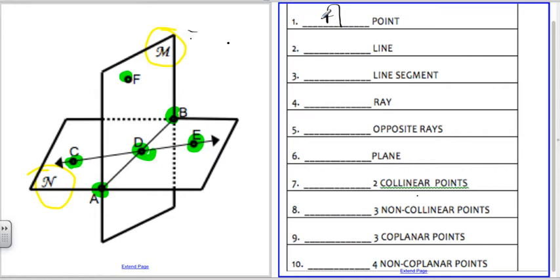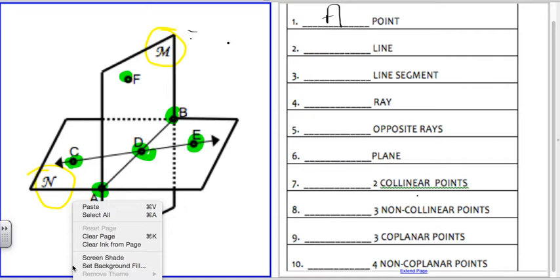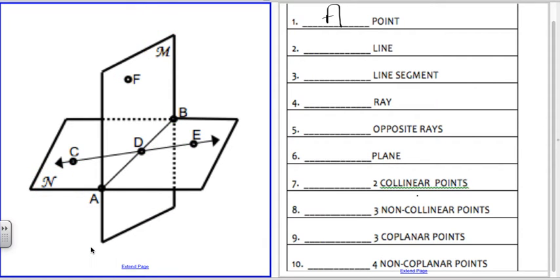Okay, next. I notice I need a line, so remember a line, it extends infinitely in both directions. So notice I have this line here.